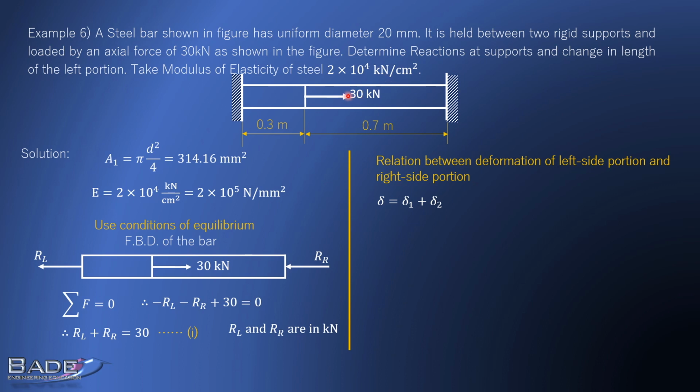So the right side portion will get compressed, the left side portion will get elongated, but whatever it is, the overall change in length will remain 0. This bar is in between two fixed supports, so the total change in length remains 0. There is no displacement of the right end, there is no displacement of the left end, so there is no change in length of the bar. So the total change in length is 0.